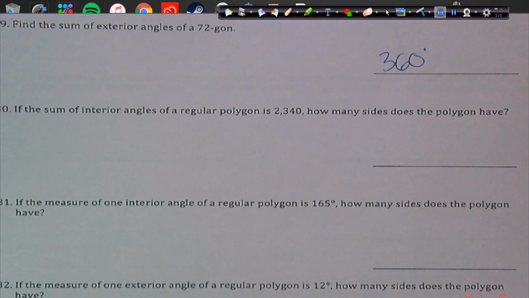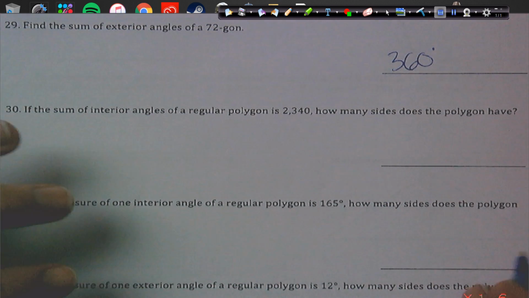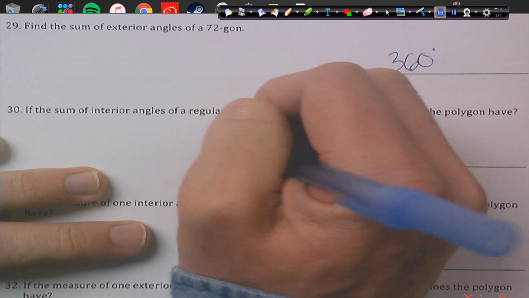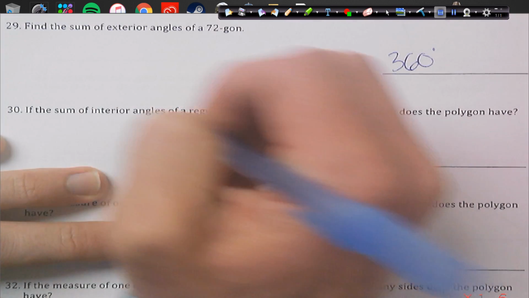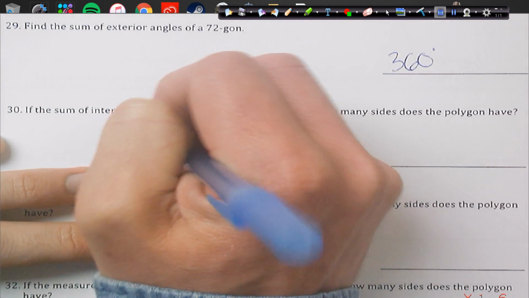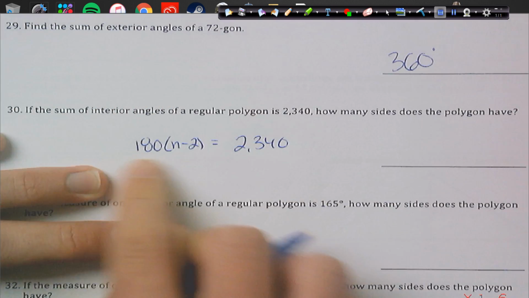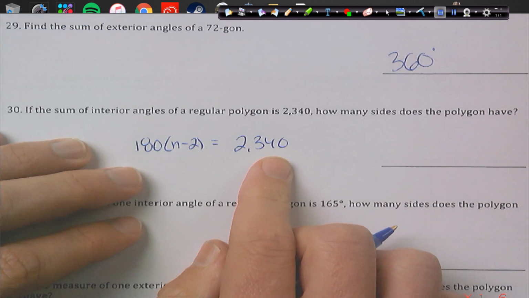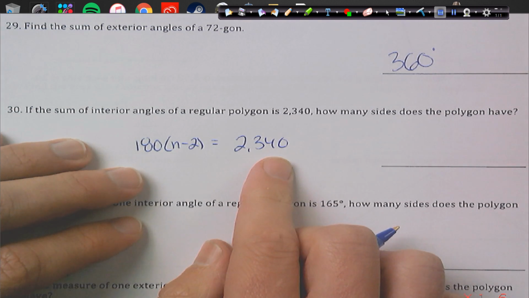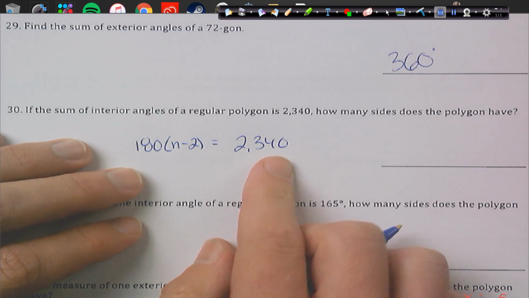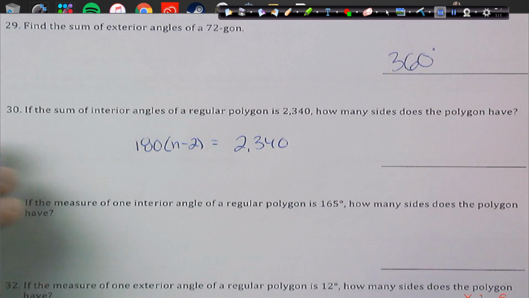The sum of the interior angles of a regular polygon is 2,340. How many sides does it have? If I know the formula, I can just set it equal to the formula. Sorry, is it n minus 2?